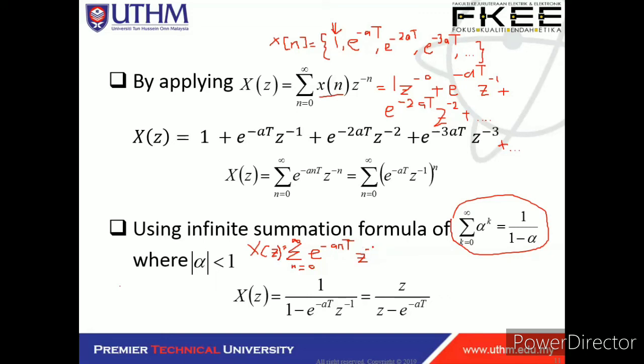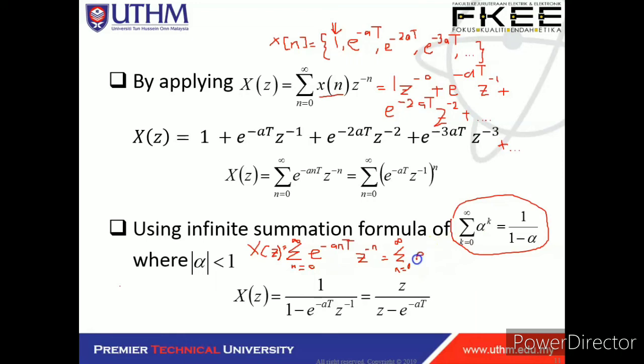Okay, so we need to simplify this equation into the summation of n equals to 0 until infinite. And then we factorize the power of n here, so that our equation will be in the form of alpha to the power k.